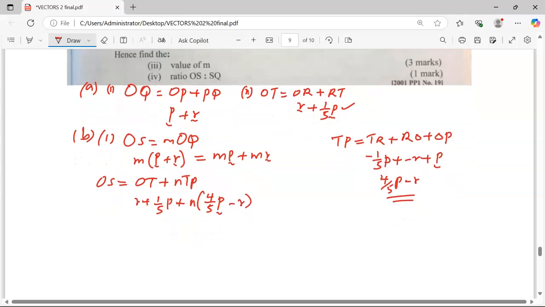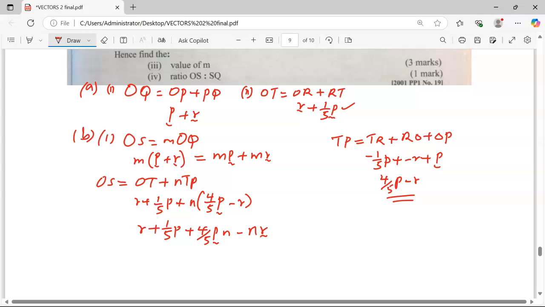We can open our bracket so that we have R plus 1/5 P vector, then plus 4/5 P vector N minus NR vector.